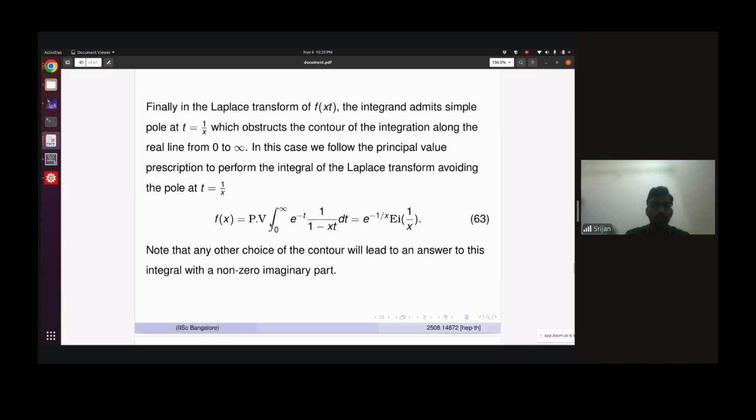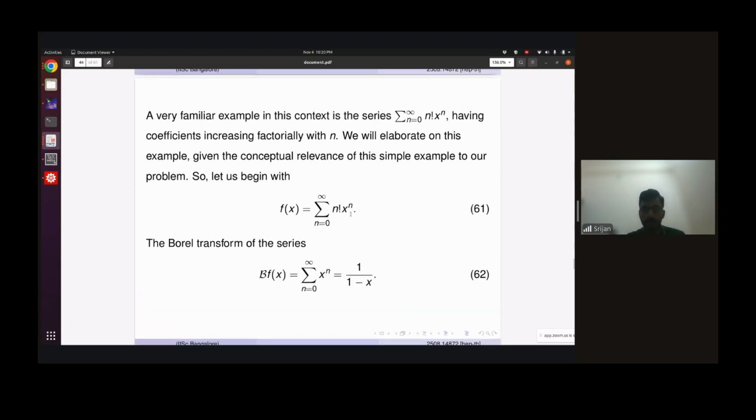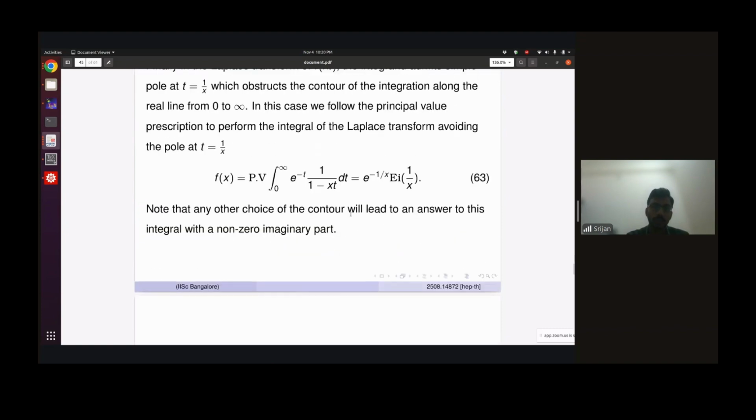That pole obstructs your contour from 0 to infinity. To avoid that pole, we take the principal value prescription, and that will reproduce this answer, the exponential integral. Any other choice of the contour will lead to an answer with a non-zero imaginary part. We know that we start with a series which is real, so we want to get this answer.